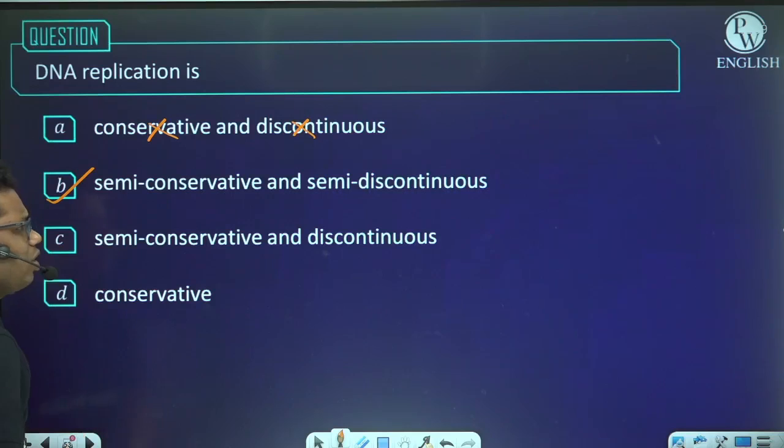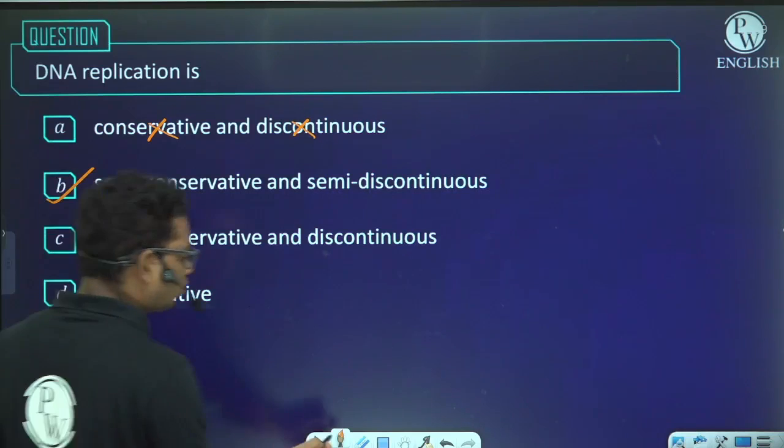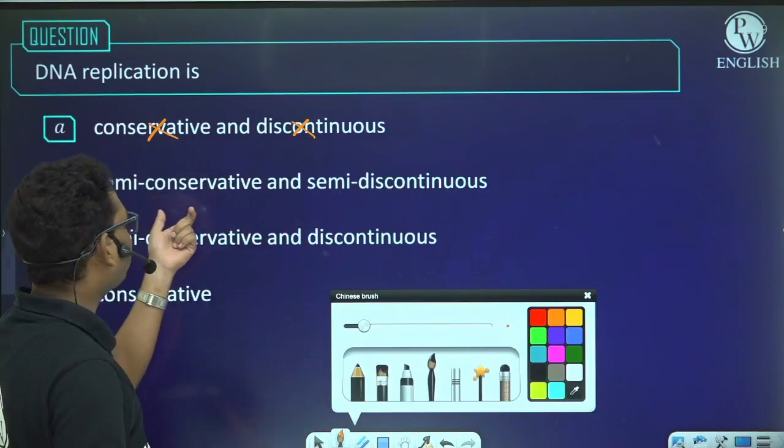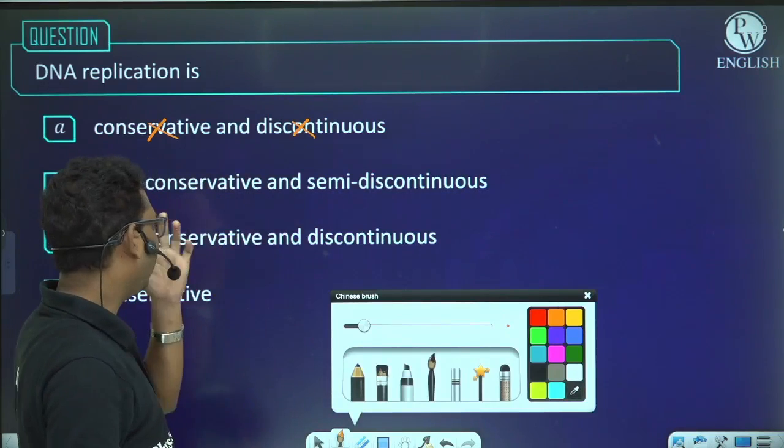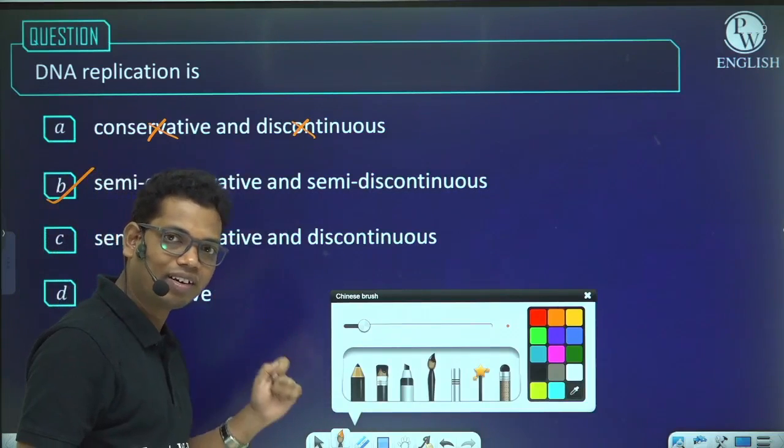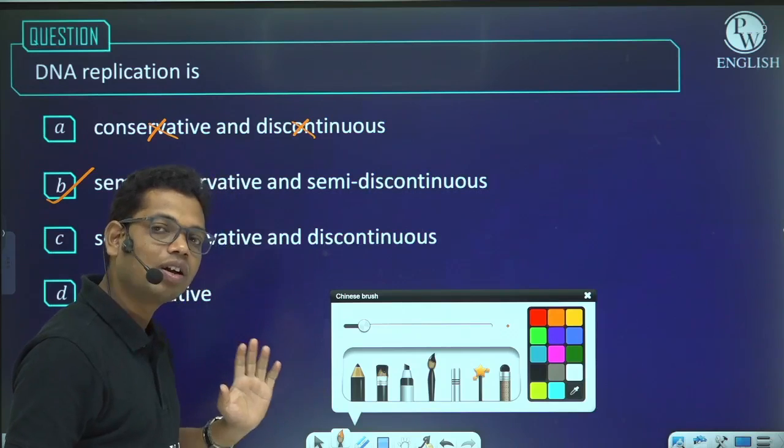Why do I call this semi-conservative? Because when we form the daughter DNA molecules, in each daughter DNA molecule, one strand is parental and one strand is newly synthesized.